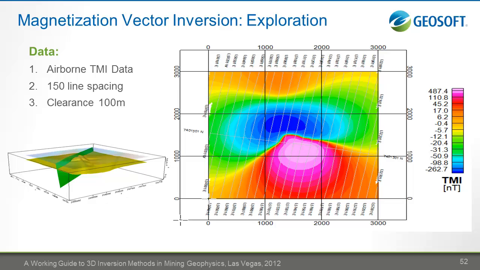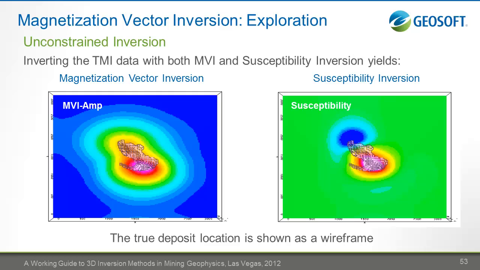And now I'm going to do an unconstrained inversion for both magnetization vector inversion and susceptibility. On the left, I'm showing the amplitude of the magnetization vector inversion, and on the right, the susceptibility. And you can see in the magnetization vector inversion that the general character of the deposit, or the ore zone, which is shown here by this wireframe image, is much better represented in the magnetization vector inversion image than in the susceptibility image.